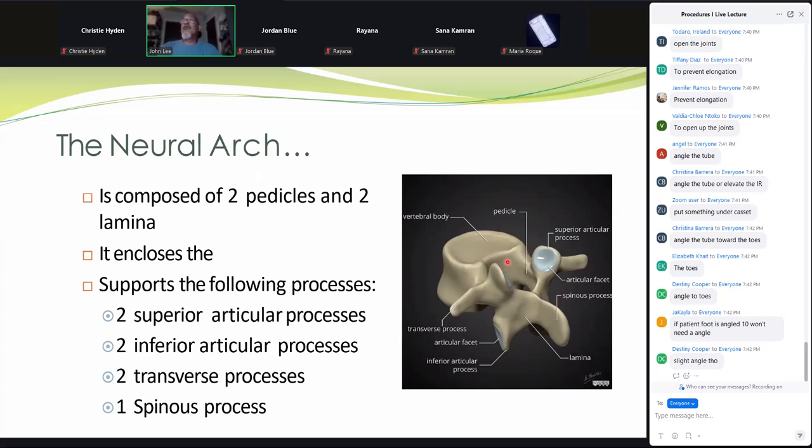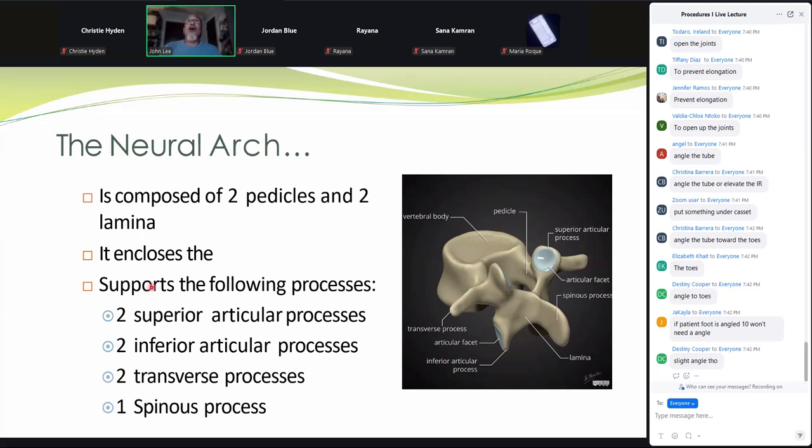The pedicles originate from the vertebral bodies, and in most cases, though not always, the lamina originate from the transverse processes. Bottom line, the pedicles are anterior to the lamina.